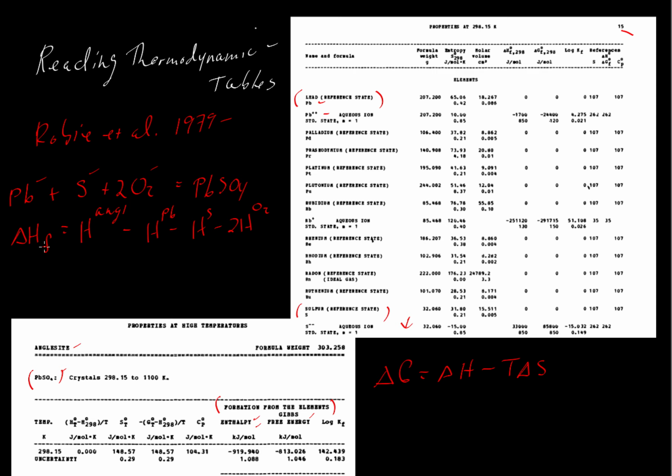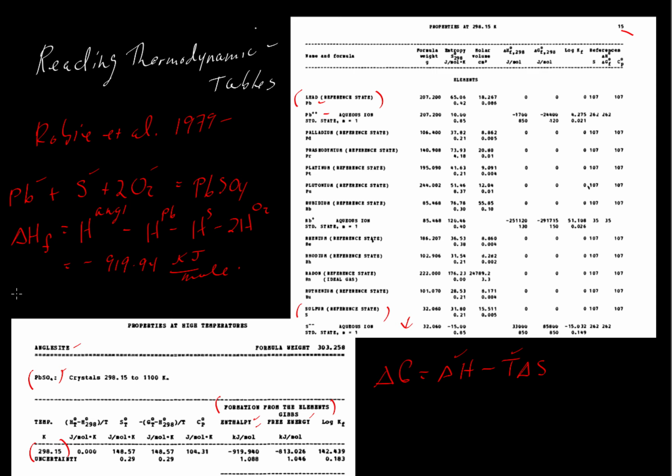Now, we don't have to do any calculations here because it's already given to us. It's right there, minus 919.94, and that's in units of kilojoules per mole. So that gives us this value here, and we know the temperature. It's listed at 298.15, so we have this.